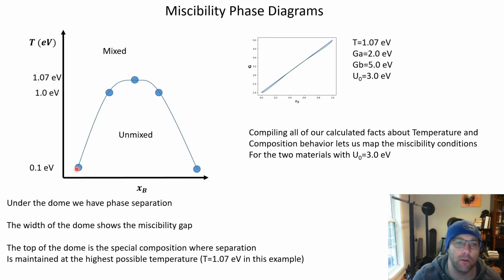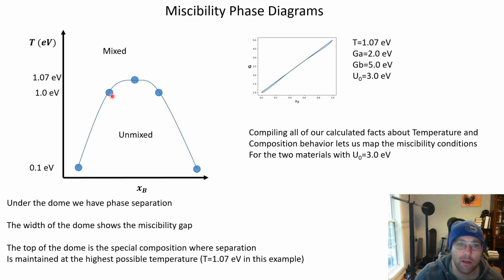And only for very small x sub b's out in this little window here would we have a mixed state at 0.1 eV. Okay, so these blue circles are the symmetrically located points where the blue and green curves cross from the last slide.